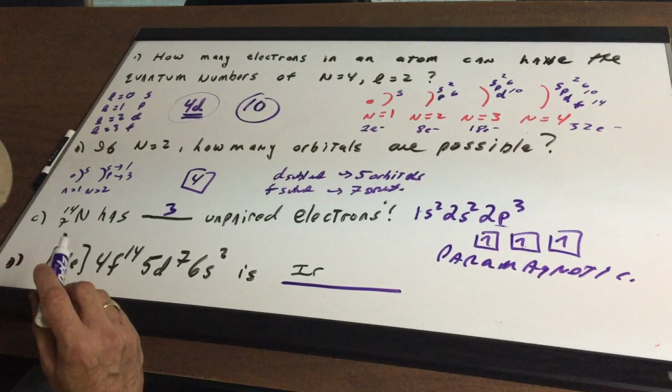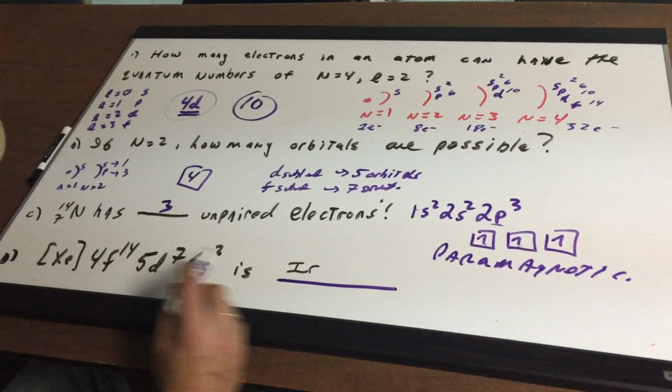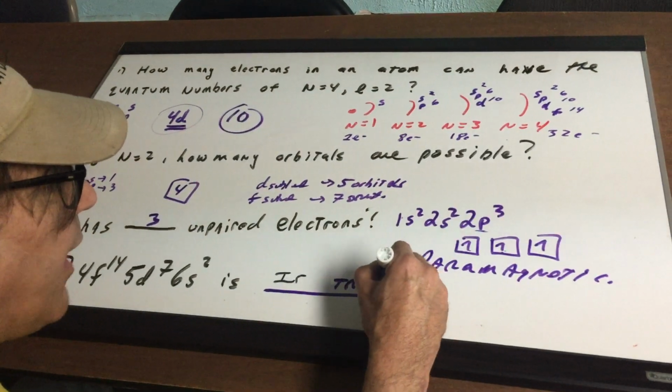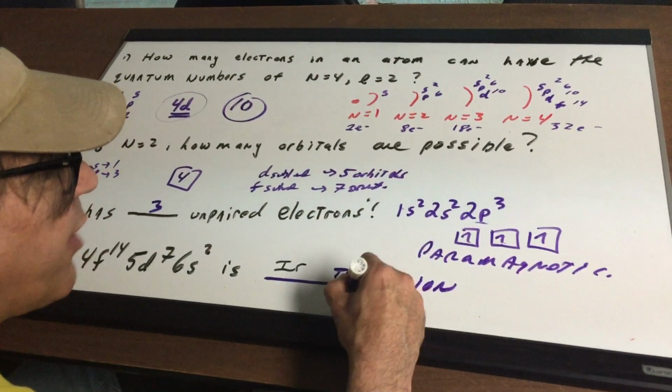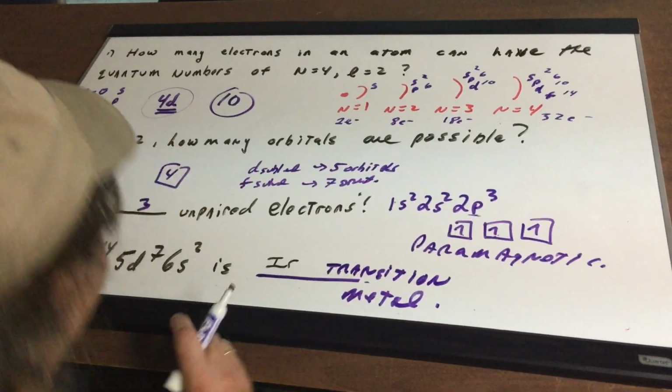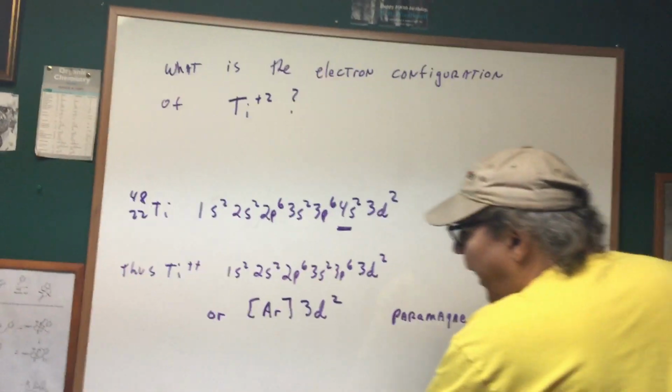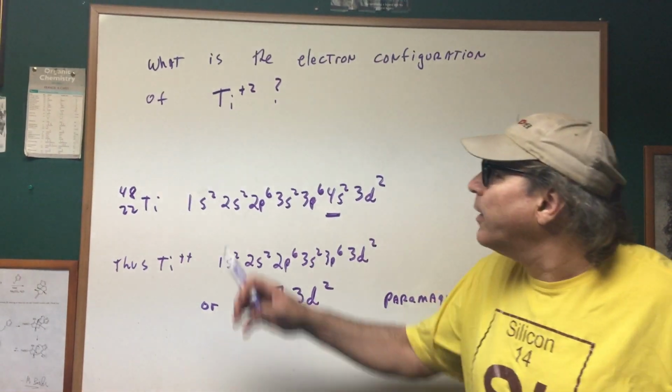When you add them all up, you get 77, and that would be iridium. And don't forget, iridium is a transition metal. All right, let's do one final problem, and this would take care of 5 questions on the DAT.